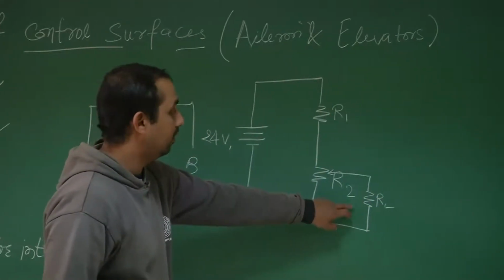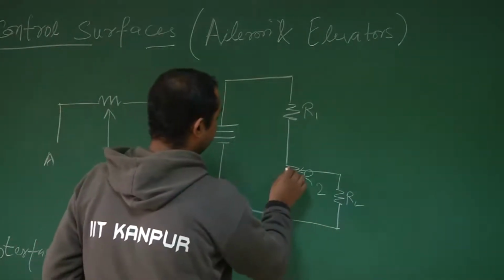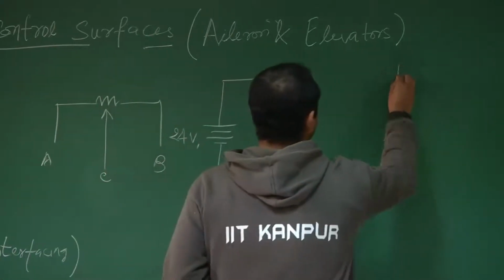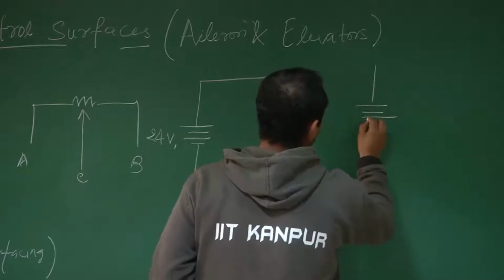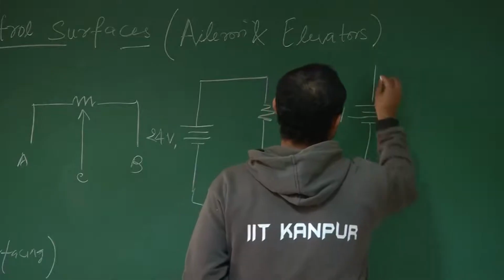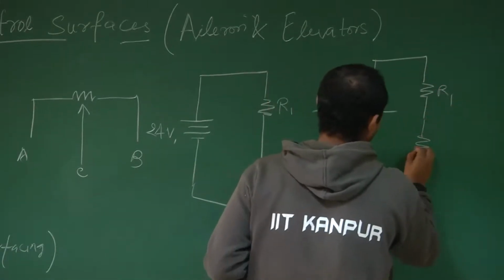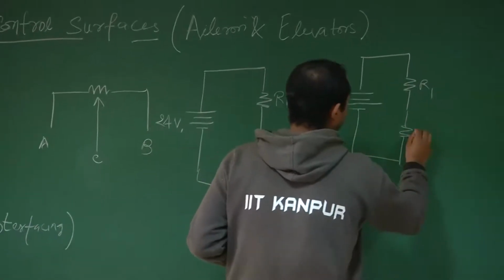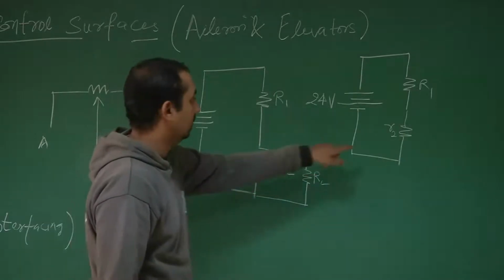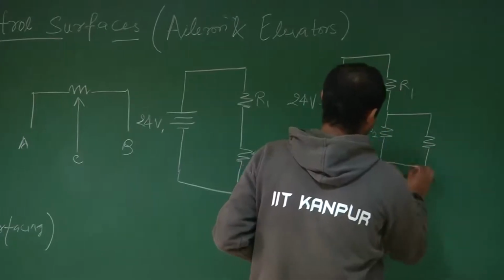You have to determine what will be the voltage across this load resistance, which will be equal to, if we further simplify this circuit, R1, say this is R2, so that I can differentiate this R2 with this R2, and your load resistance RL.